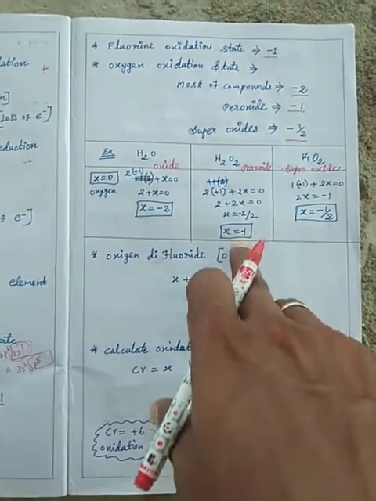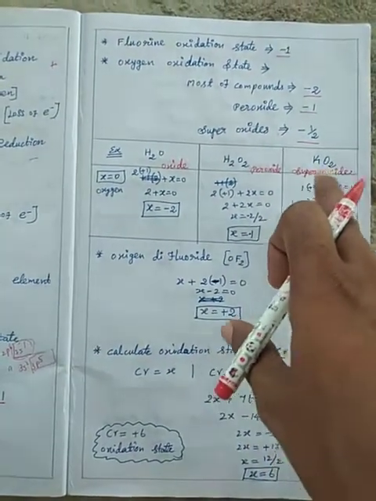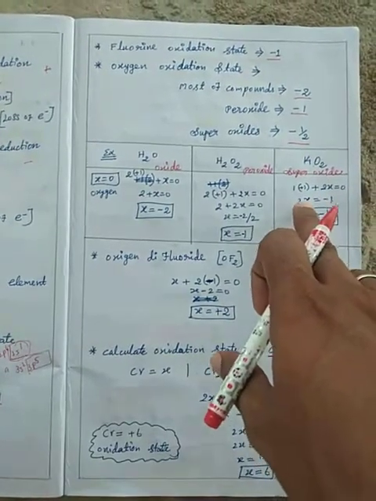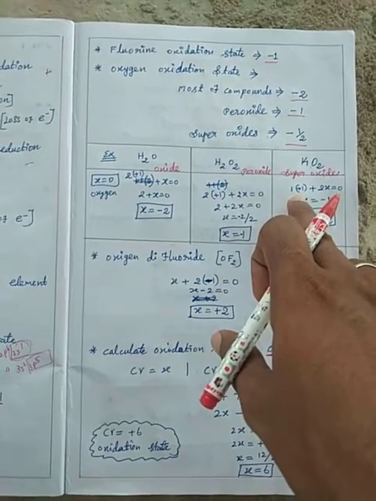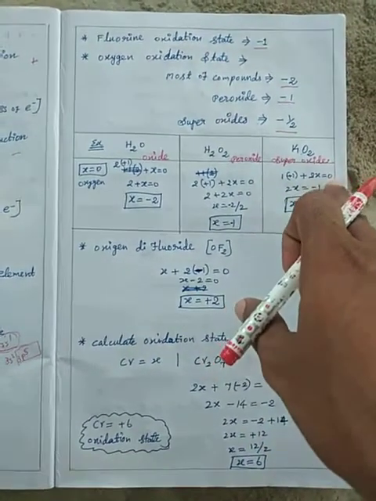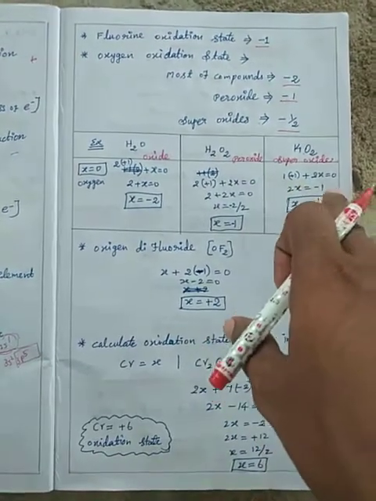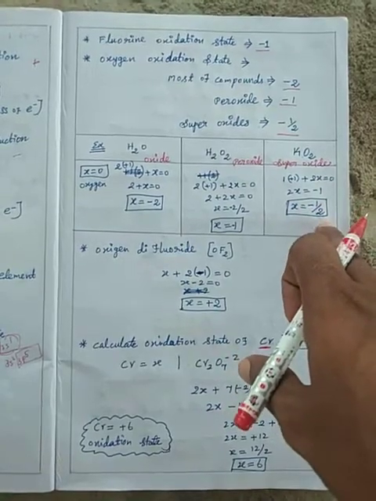So in peroxide, oxygen is in the -1 oxidation state. Superoxides: potassium dioxide, KO2. Potassium is a monoatomic ion and loses 1 electron. So 1 times +1 plus 2X equals 0, 2X equals -1, so X equals -1/2.